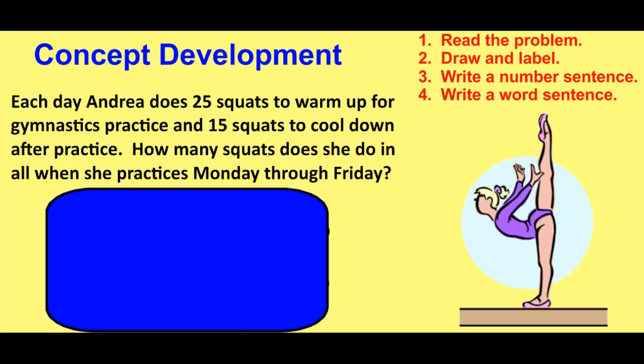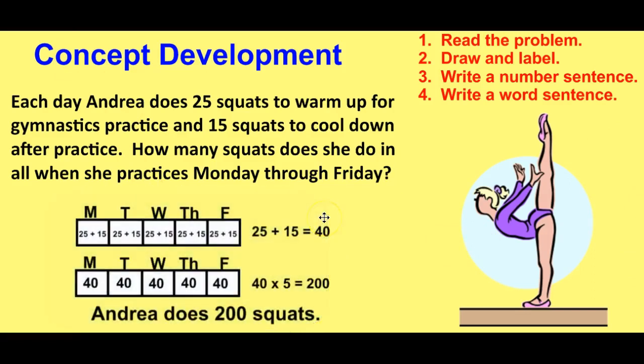So you could just use the letter M for Monday, the letter T for Tuesday, the letter W for Wednesday, TH for Thursday, and F for Friday. So make sure you're labeling your tape diagram with what day it is, and then how many squats she is doing each day. And that's going to help us figure out how many she does in all whenever she practices Monday through Friday. So go ahead and push pause and draw your tape diagram and make sure you label your tape diagram.